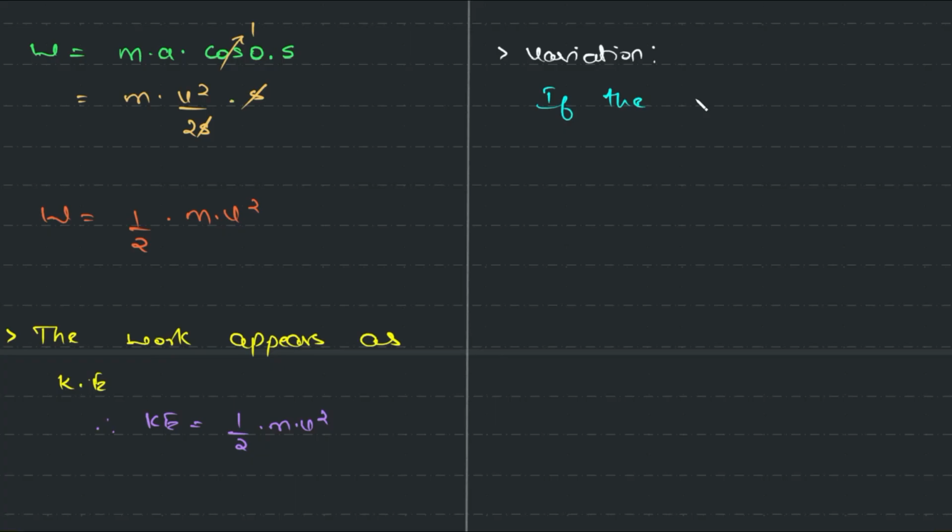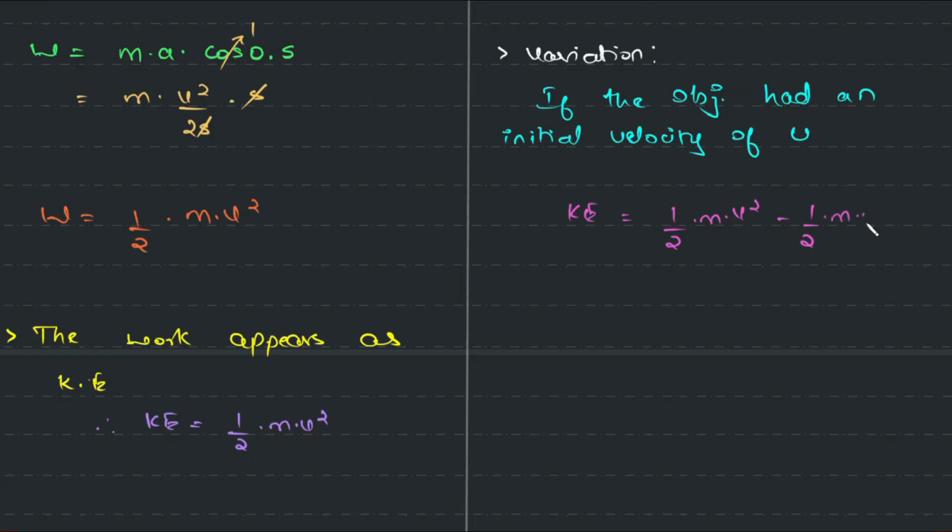If the object had an initial velocity of u, we have kinetic energy is equal to half mv square minus half m u square, right?